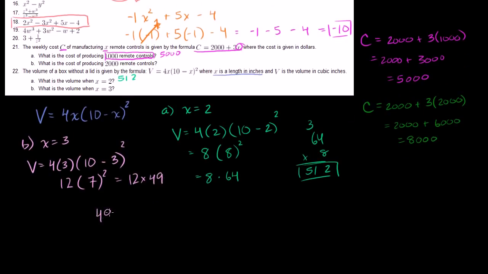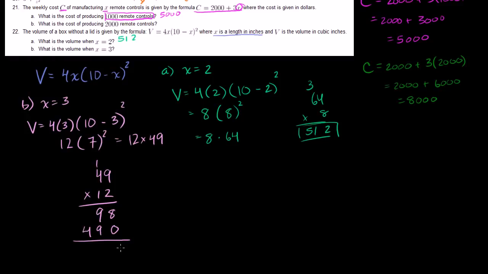So 49 times 12. 2 times 9 is 18. 2 times 4 is 8, plus 1 is 9. 0. 1 times 9 is 9. 1 times 4 is 4. And then we add the 2. We get 8. 9 plus 9 is 18. And then 1 plus 4 is 5. So 588.